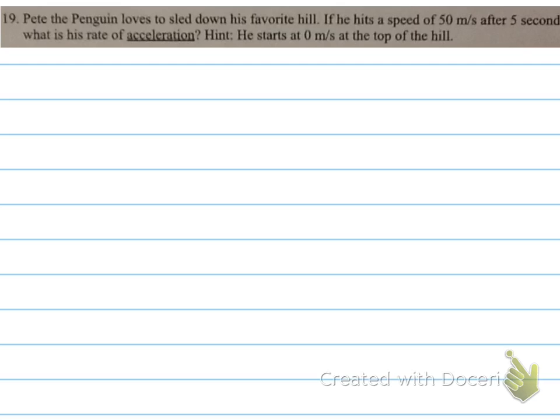Number 19, Pete the Penguin loves to sled down his favorite hill. If he hits a speed of 50 meters per second after 5 seconds, what is his rate of acceleration? Hint, he starts at 0 meters per second at the top of a hill. So again, we have a hill, and we have our penguin. Here's my little penguin.